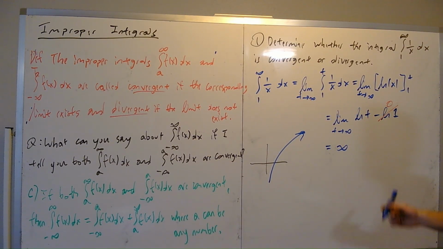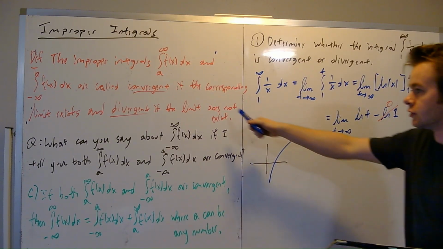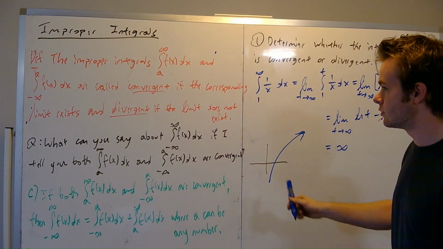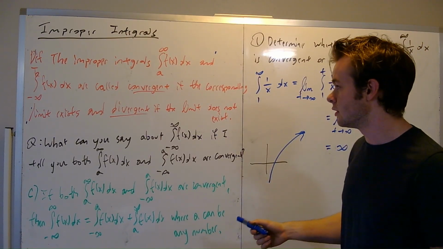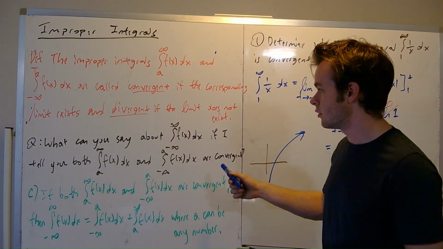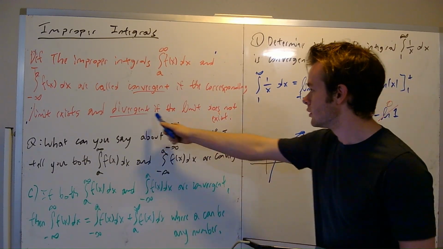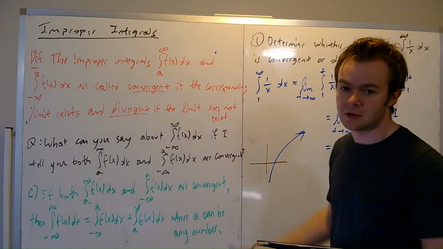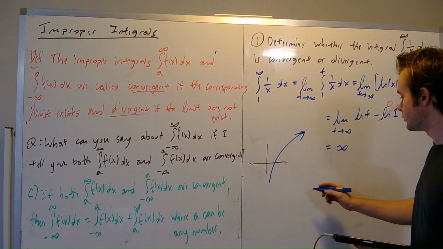And you can ask yourself, does that mean it's convergent or divergent? And if you look at our definitions here, we said it exists when it's finite, and it does not exist when it's infinite. So here it's divergent if the limit does not exist. So this is divergent.